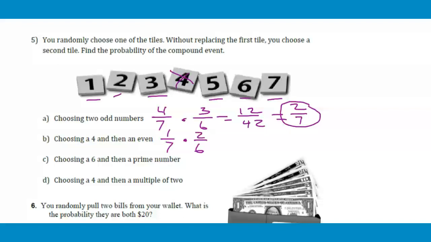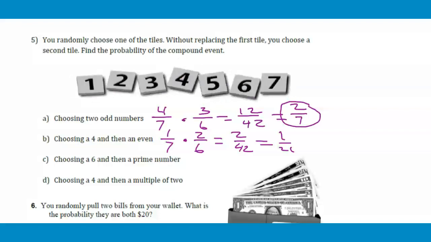So it's 2 out of 6. Multiply that. That's 2 out of 42. Or 1 out of 21. Remember, these are dependent events because the number of outcomes are changing after my first event. My first event is choosing that first one.